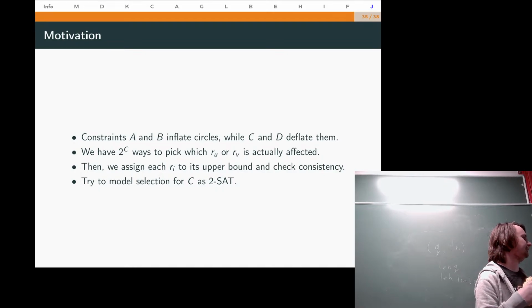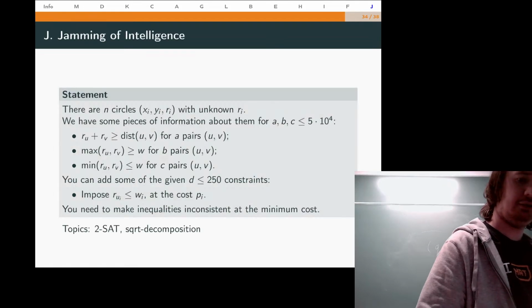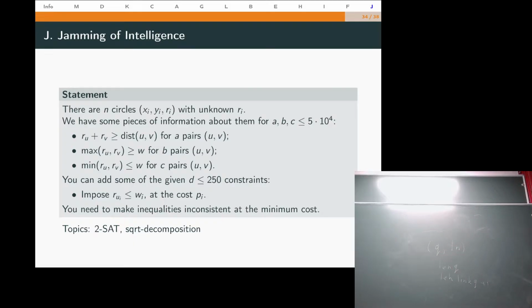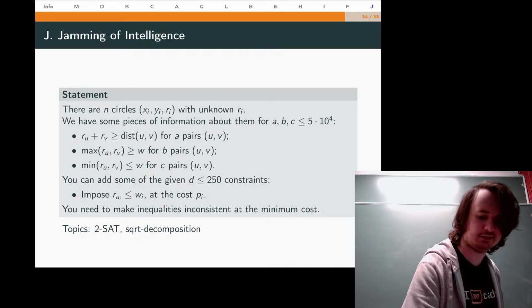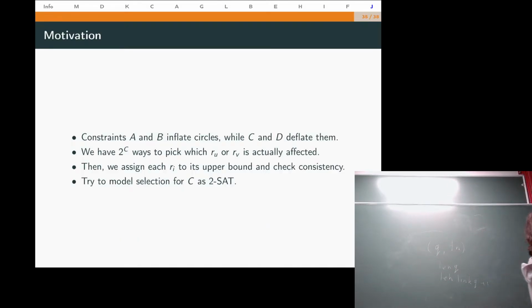But for constraints of type C, we can treat them as saying that either R_U is smaller or equal than W, or R_V is smaller or equal than W. So we can pick which one of them we would like to satisfy. And there are 2 to the power C ways to choose which one to satisfy, theoretically.